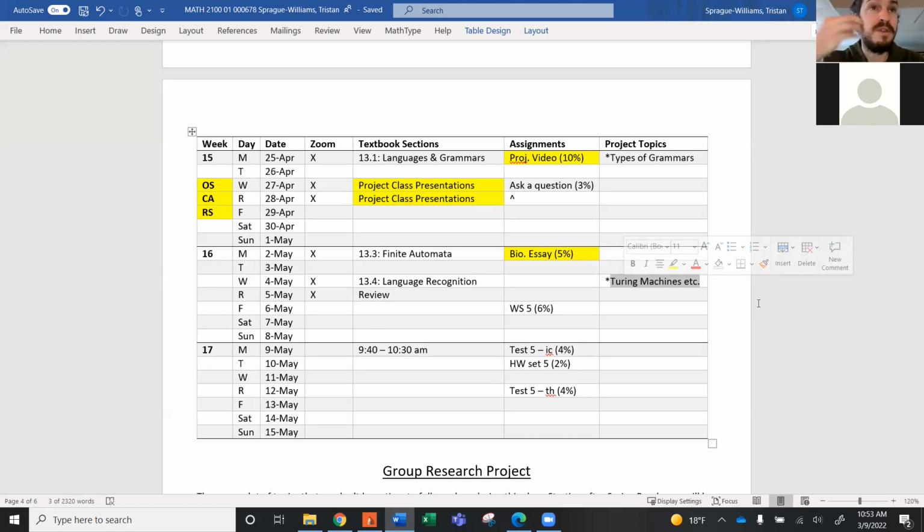A Turing machine is a theoretical model of a computer, and you can learn about what it means to be Turing complete. And there's this question as to whether or not a human brain is a Turing machine. Can you model a human brain with a Turing machine? And if you can, then hypothetically, we should be able to model a human brain with a computer once we develop sufficient computing power.